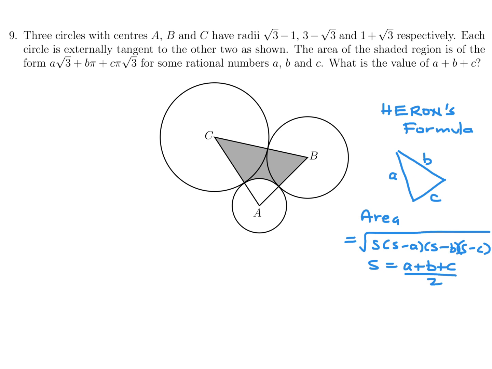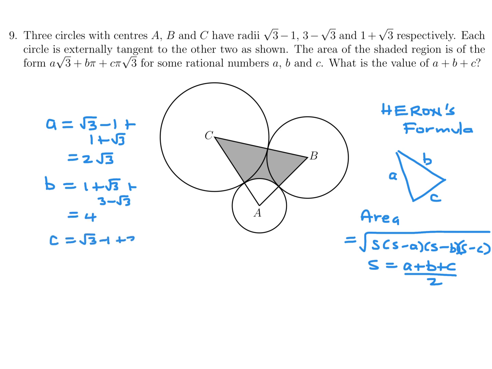Therefore, if we were to do that on this triangle, the A would be root 3 minus 1 plus 1 plus root 3, so that's 2 root 3. The B would be 1 plus root 3 plus 3 minus root 3, so that's 4. And the C would be root 3 minus 1 plus 3 minus root 3, which of course is 2.